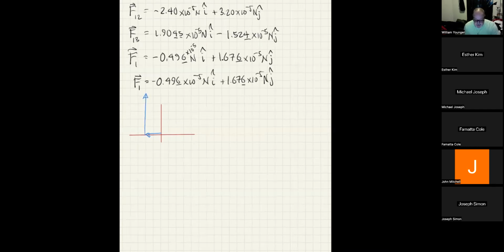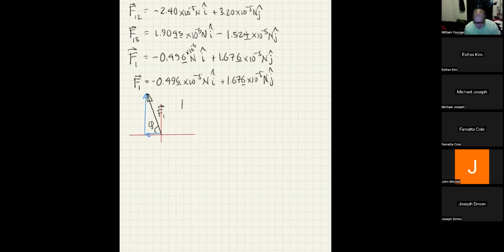So that means my actual F1 vector is this guy. Actually, I hate that. That turned out terrible. It makes me angry. So this is F1. Okay. And I will say this is the angle phi.